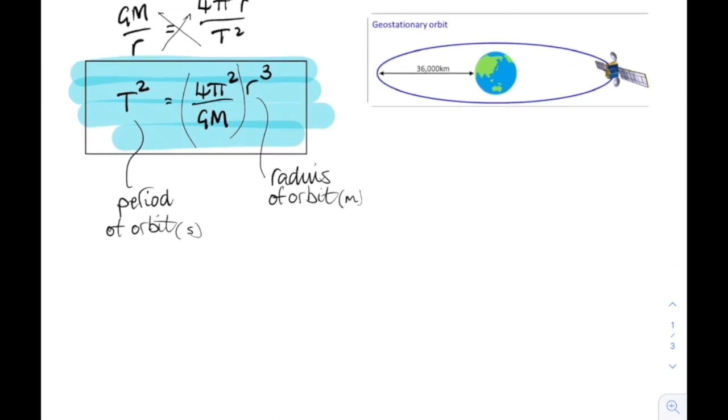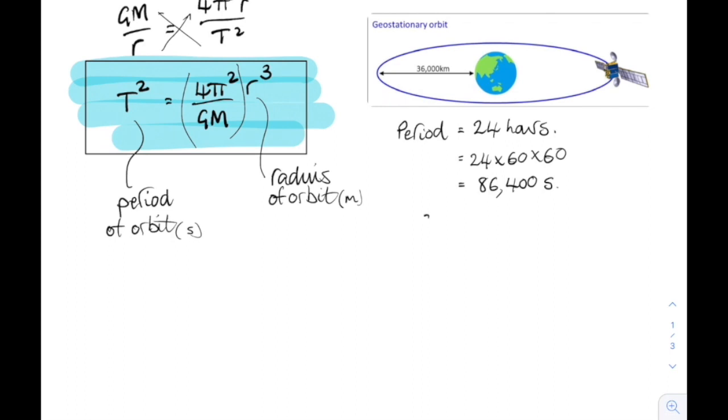Now, for a geostationary satellite, it has to have a period equal to the period of the Earth. That's 24 hours. And if we work out 24 hours in seconds, that's 86,400 seconds.